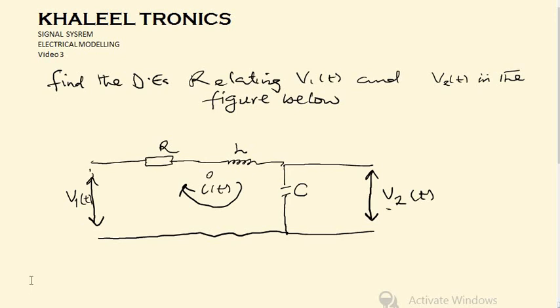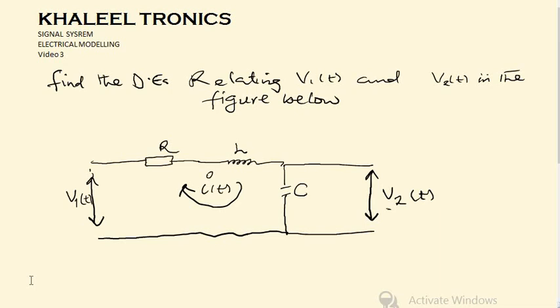In this circuit we are to find the differential equation relating v1(t) and v2(t) in the figure below. In this circuit we have all three circuit elements, that's the resistor, the capacitor and the inductor respectively.